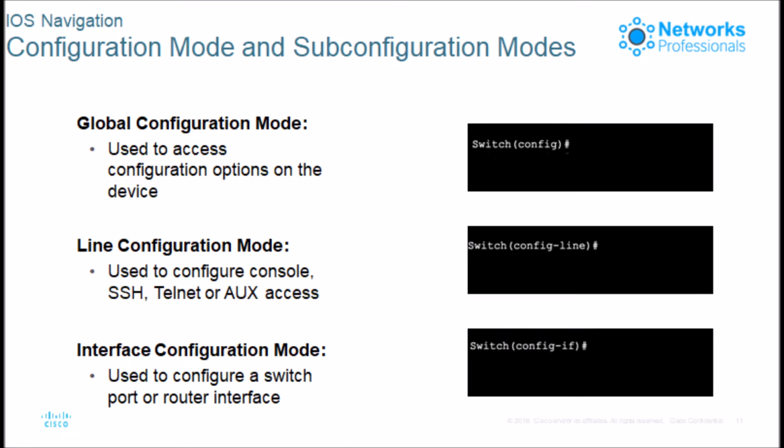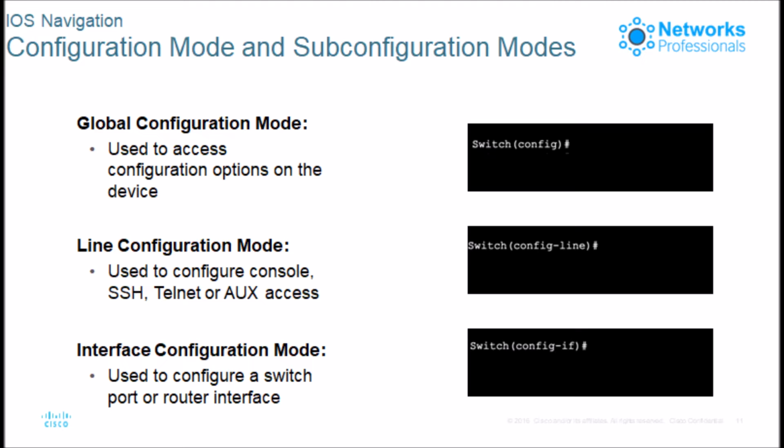Configuration and sub-configuration modes. To configure a device, a user must enter global configuration mode, which is commonly called global config mode. It is an administrative mode. From global configuration mode, a user can make CLI configuration changes that affect the operations of the device as a whole.